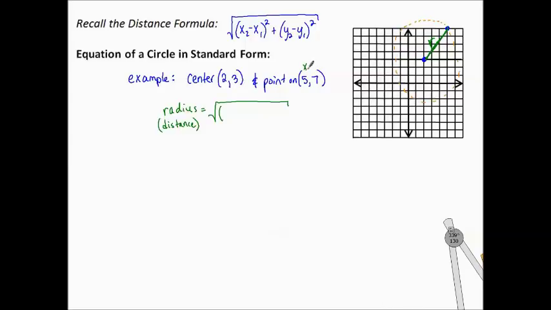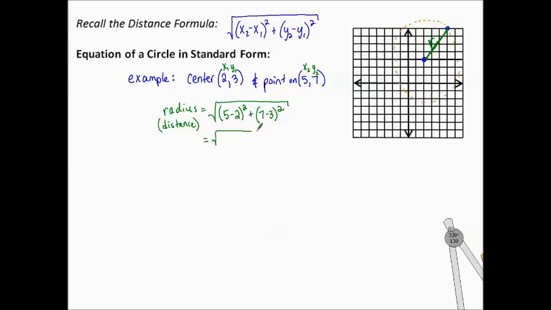That means the second x coordinate minus the first x coordinate. So (5 minus 2) squared plus (y2 minus y1). So that means the second y coordinate and the first y coordinate subtracted, squared.